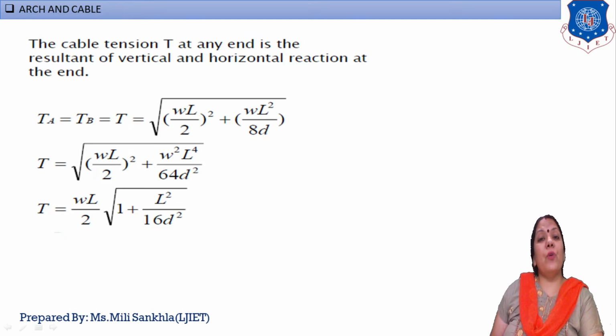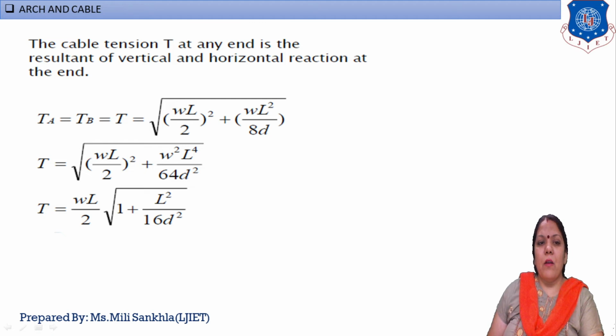If our UDL is symmetrical, spread over the total span, and the levels of A and B are equal, that means point A and point B are at the same level and same height, a symmetrical type of example. In that condition, the tensile forces TA and TB at points A and B are equal to the square root of VA square or VB square plus H square.